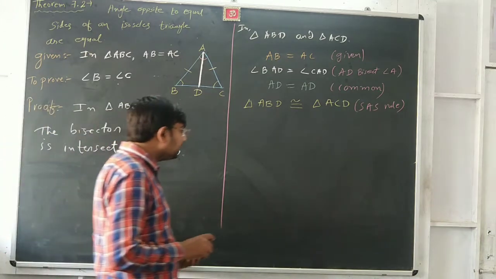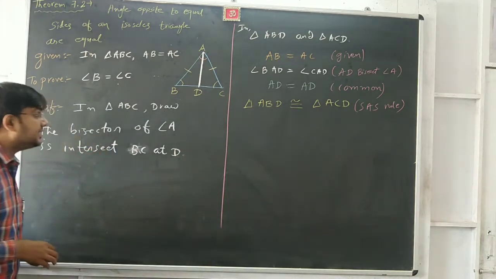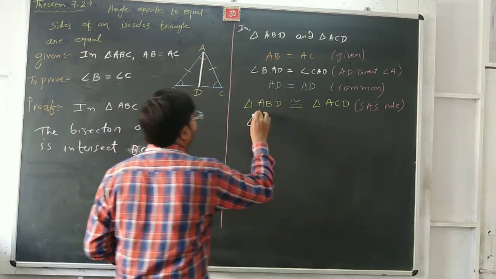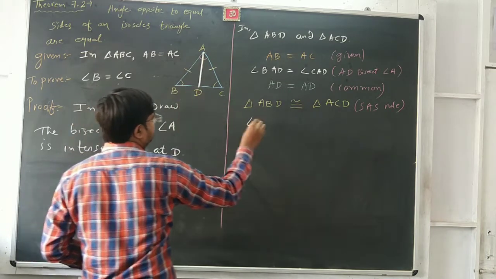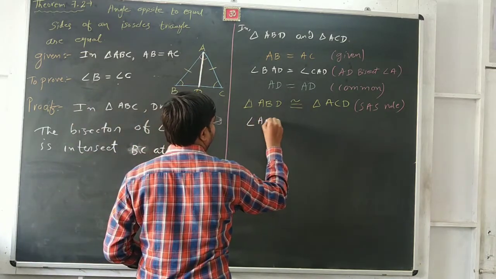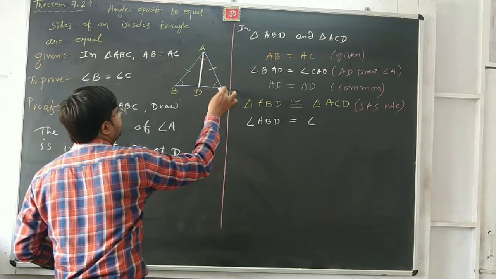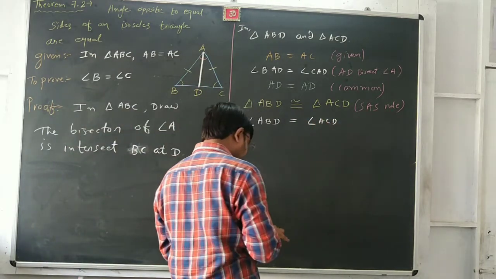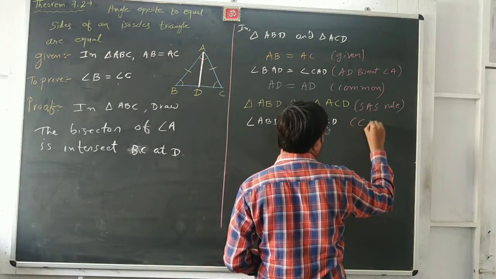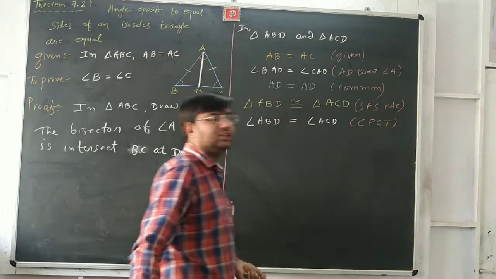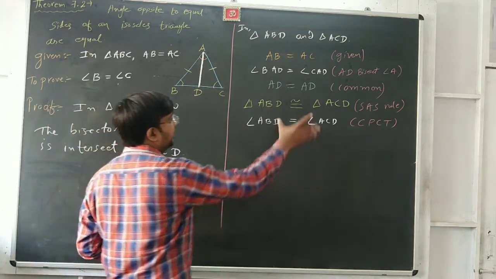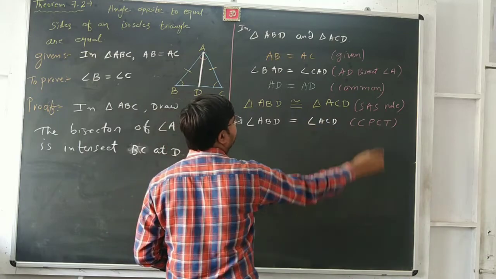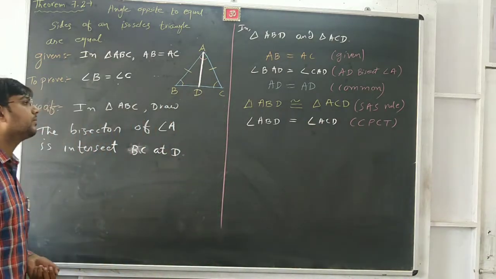So now I can write that angle ABD is equal to angle ACD. Why? Because of CPCT. We know about CPCT: the two triangles are congruent, so this angle is also equal by CPCT.